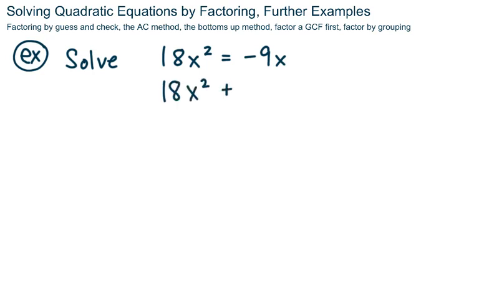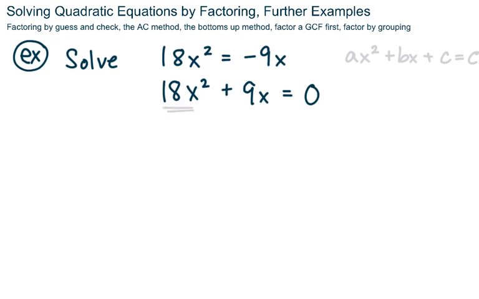So that would be 18x squared plus 9x equals 0. Now, in this situation, we have our quadratic and our linear term, but we are missing our constant term. Remember, my standard form is ax squared plus bx plus c is equal to 0. So there's no constant term here.